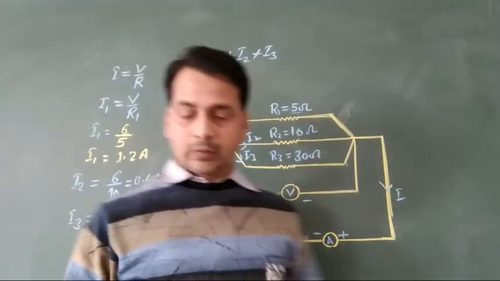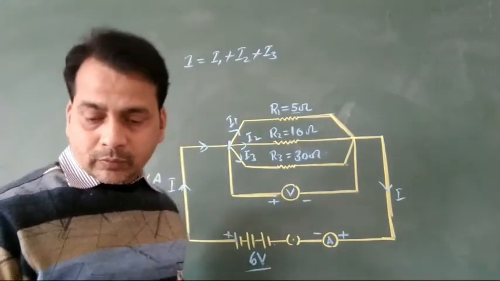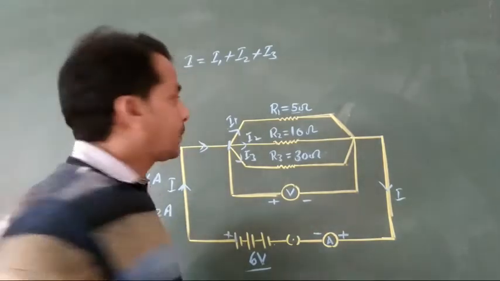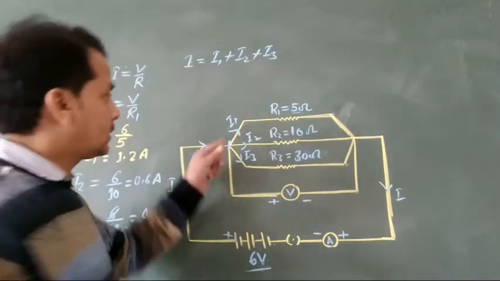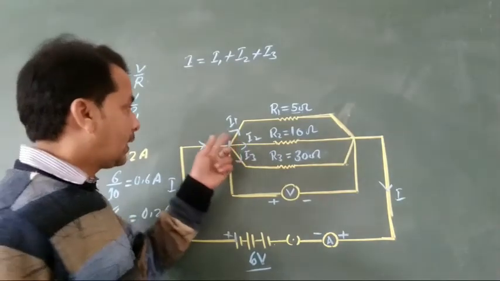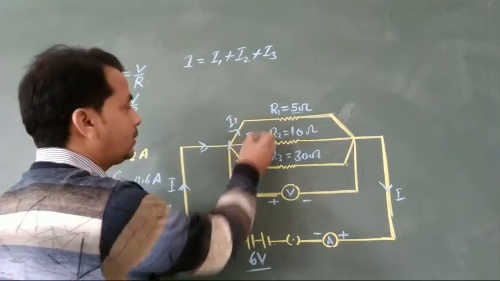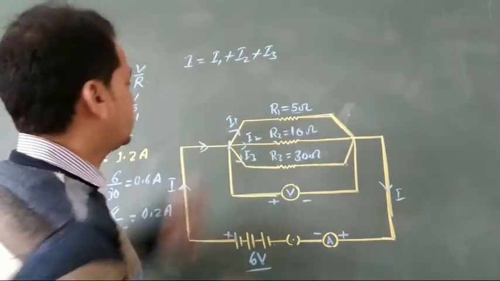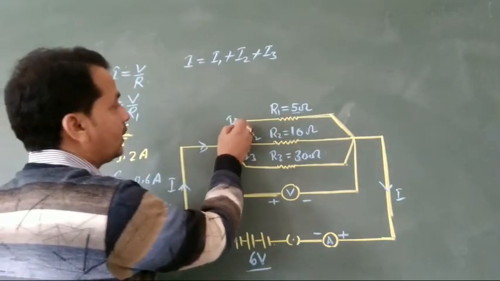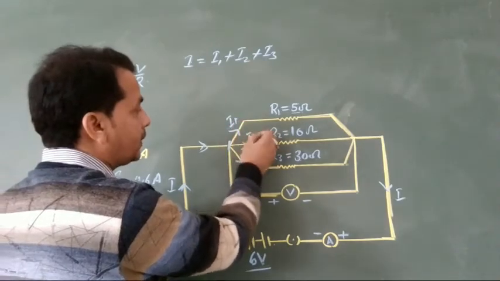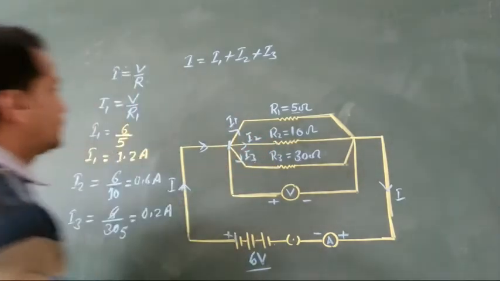The total current means the net current, which is divided into the three parts I1, I2 and I3.